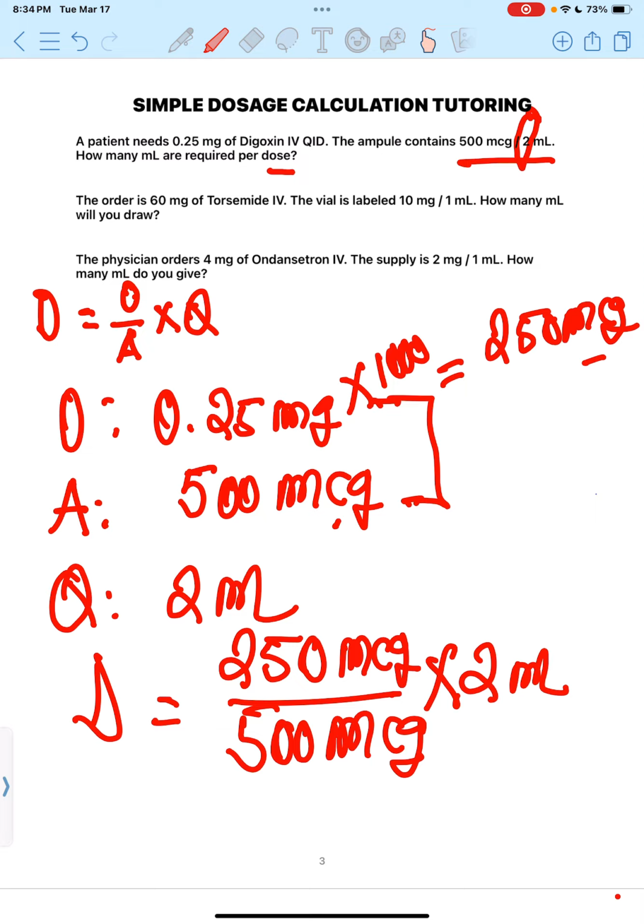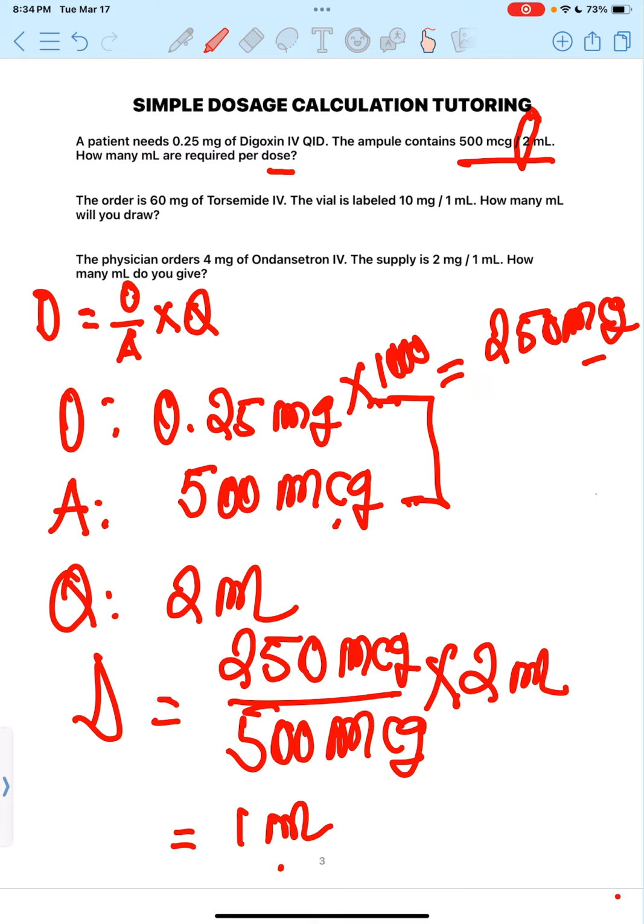All right, so once you do 250 divided by 500, you got 0.5. When you multiply by 2, you have 1 milliliter. Does it make sense? But don't make the mistake of getting 1 milliliter, multiplying by QID, meaning 4 times a day. You multiply this by 4, so your answer can be 4 milliliter. No.